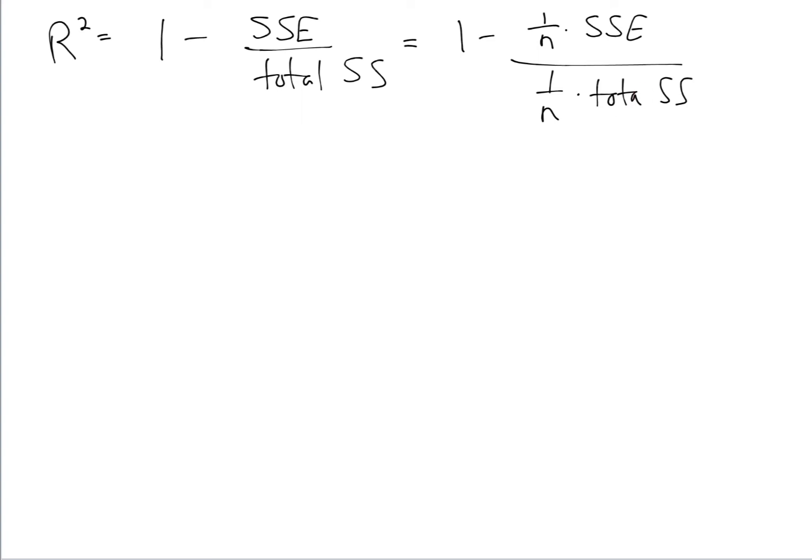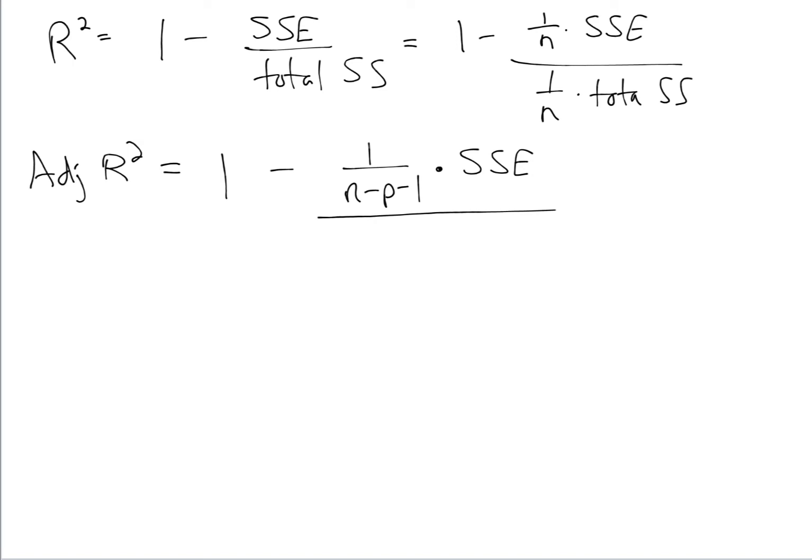And this gives us a biased estimate in the numerator of the average sum of squared errors and a biased estimate in the denominator of the total sum of squared errors. So we adjust. To get the adjusted R squared, instead of multiplying the top by 1 over n, we multiply it by 1 over n minus p minus 1.